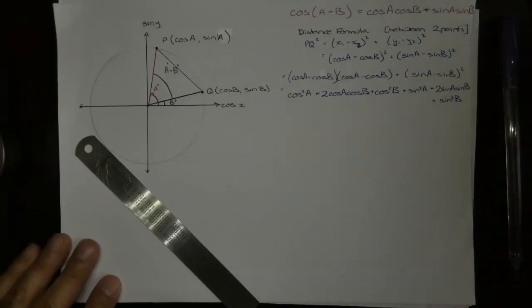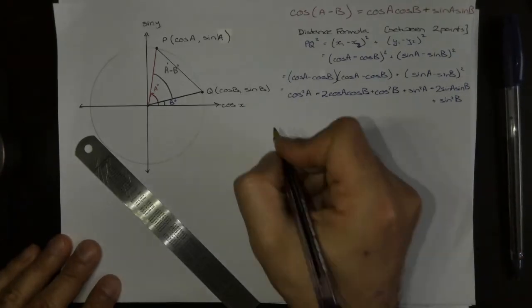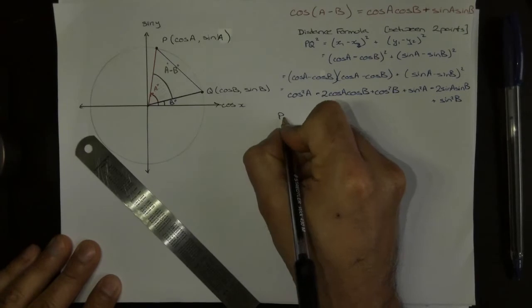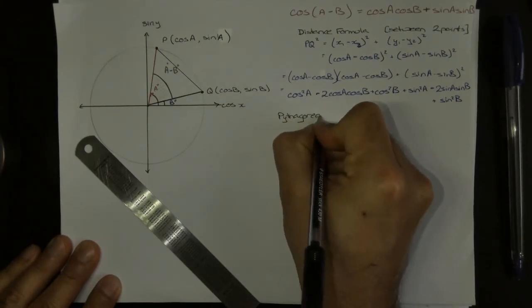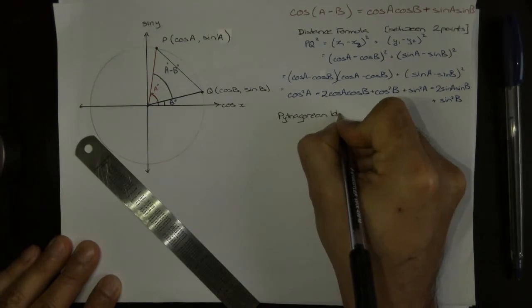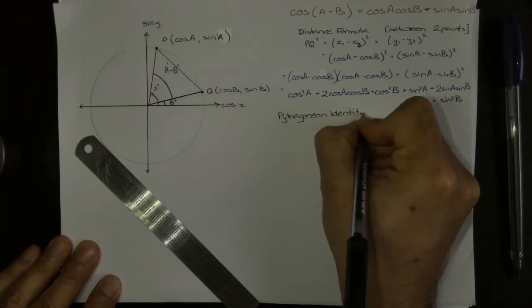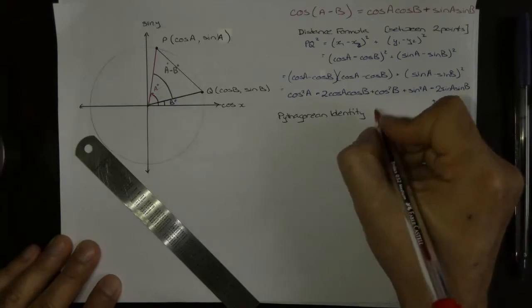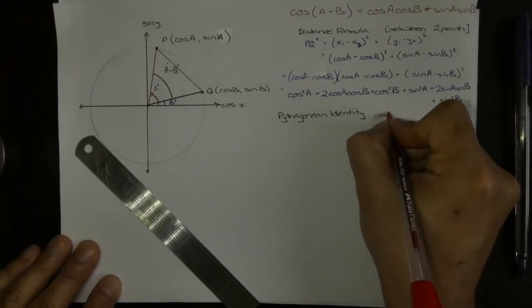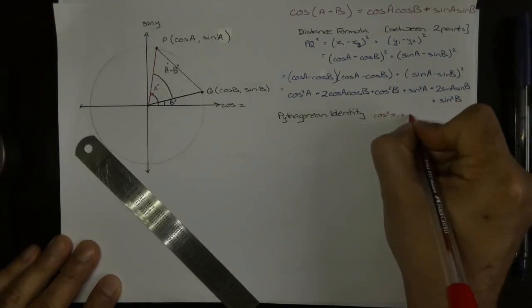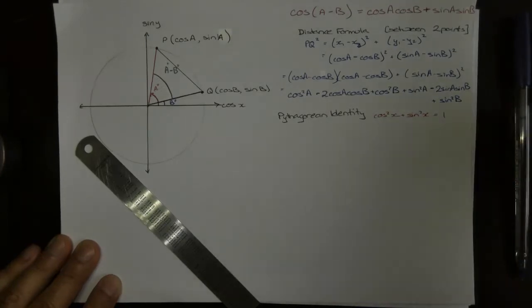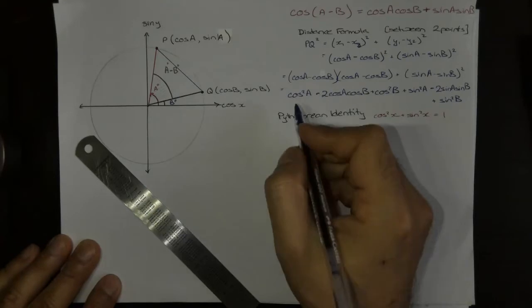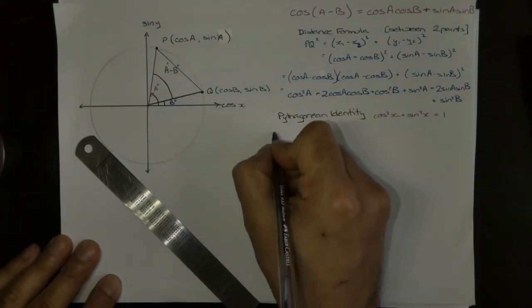Now, using the Pythagorean identity, that cos squared x plus sine squared x equals 1. Okay, so I'm just going to rewrite this.